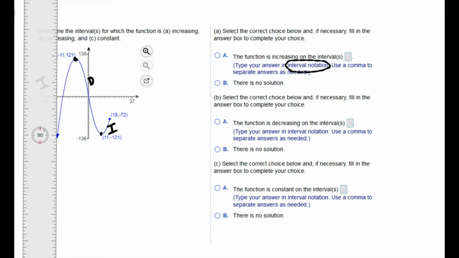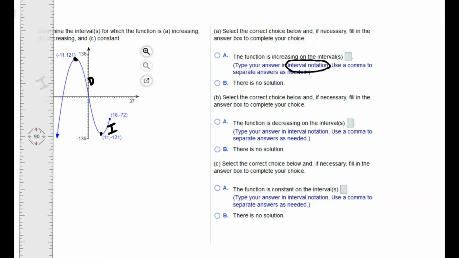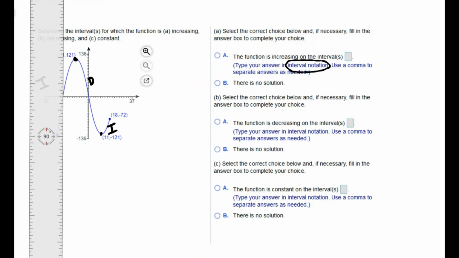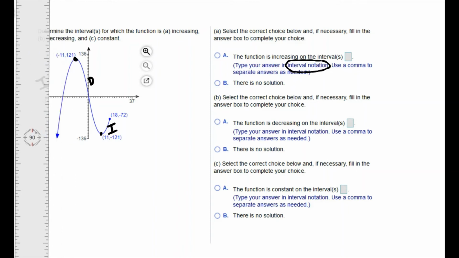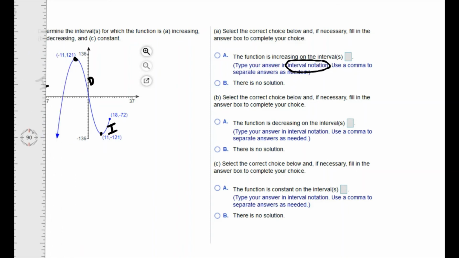Because of that arrow down there, we know that that piece of the graph continues on forever. So this section starts at negative infinity and goes all the way until the x-coordinate of that turning point, which is negative 11. So we can say that this function is increasing from negative infinity to negative 11.